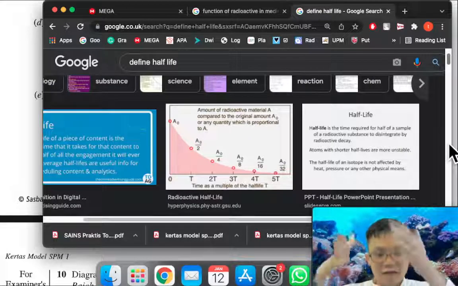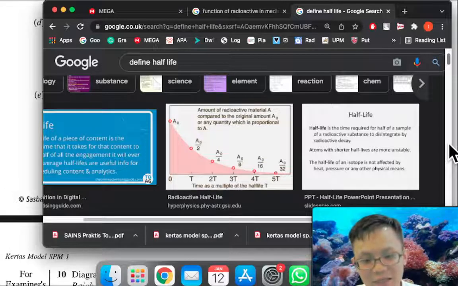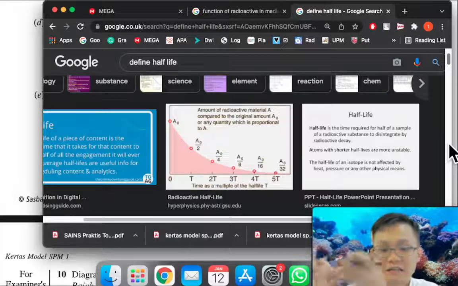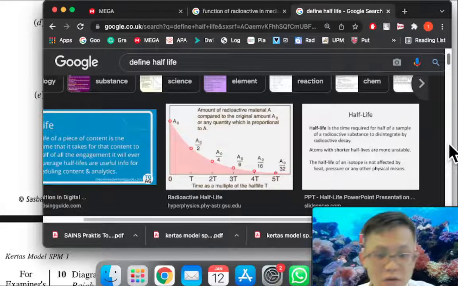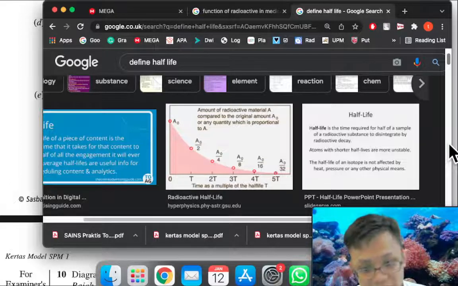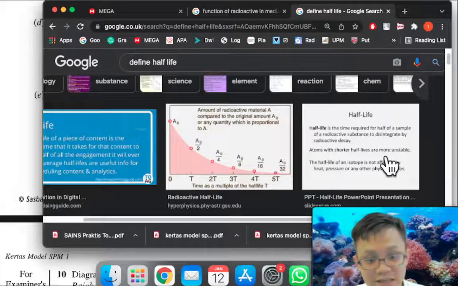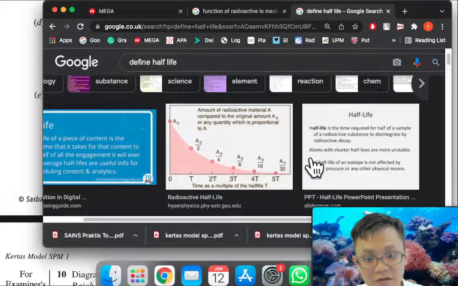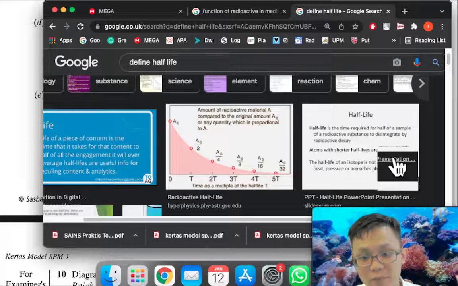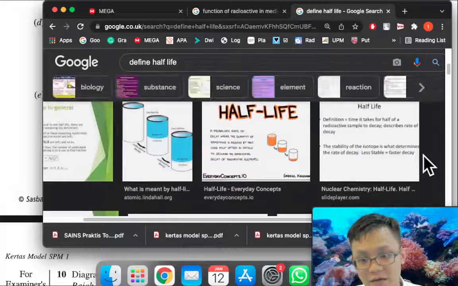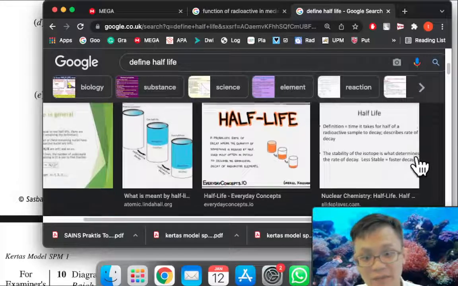You can leave it outside for maybe millions of years, and then the thing is no longer radioactive, it's a normal stone only, as long as it becomes stable. At first it's unstable, but as time passes, it becomes more stable, and then it will no longer explode lah after it becomes stable.